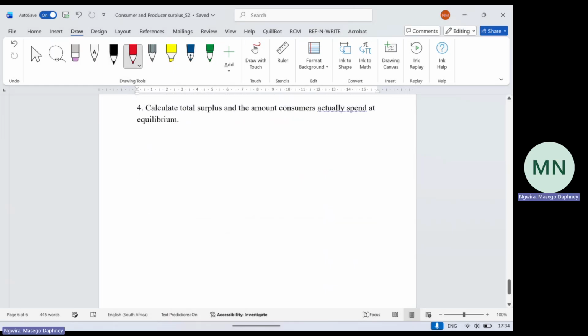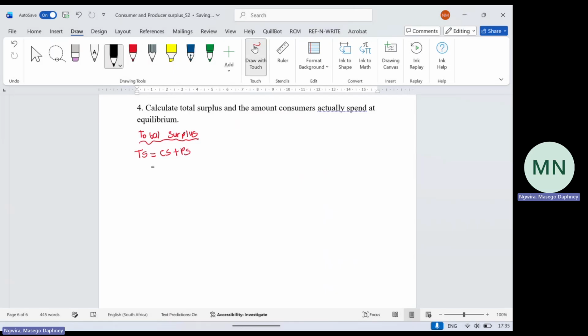So total surplus, we all know the total surplus. Let me write it here so that we don't make a mistake. Total surplus, TS, is equal to consumer surplus plus producer surplus.